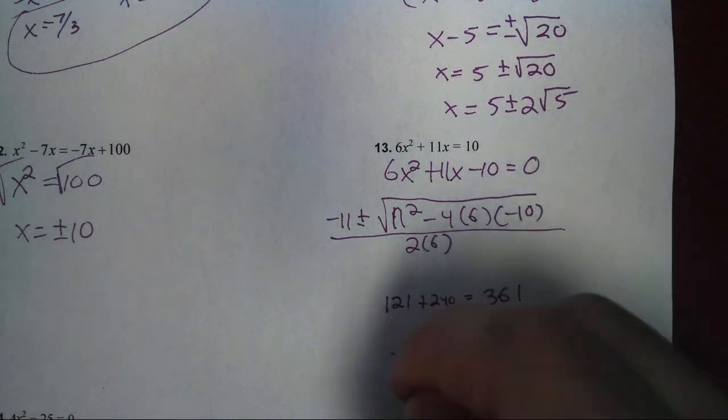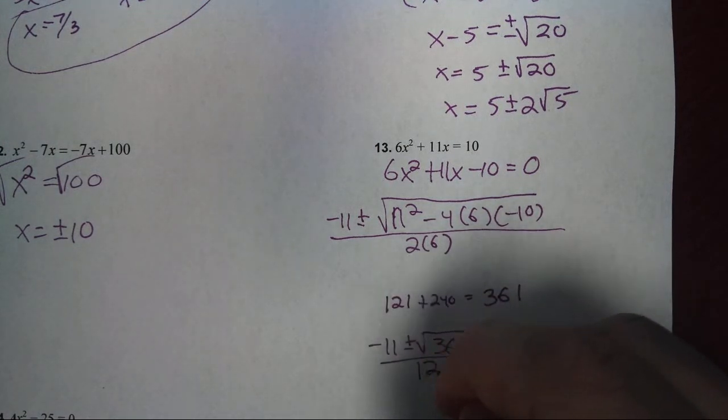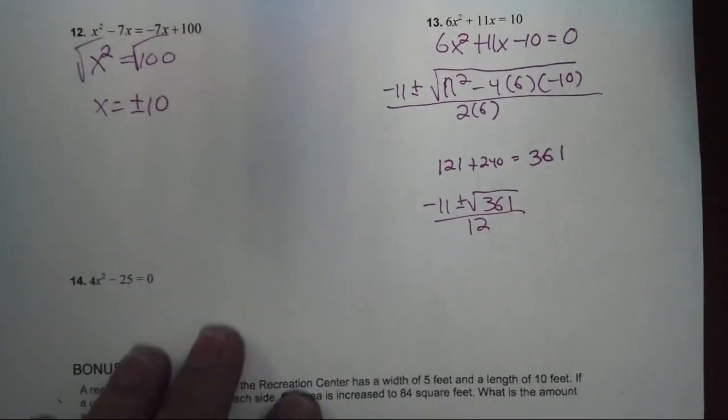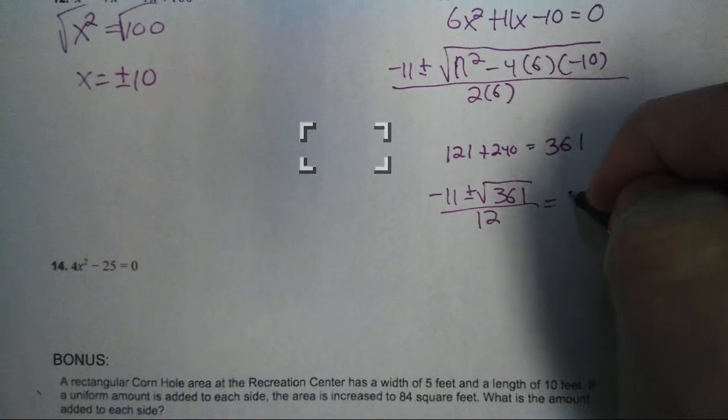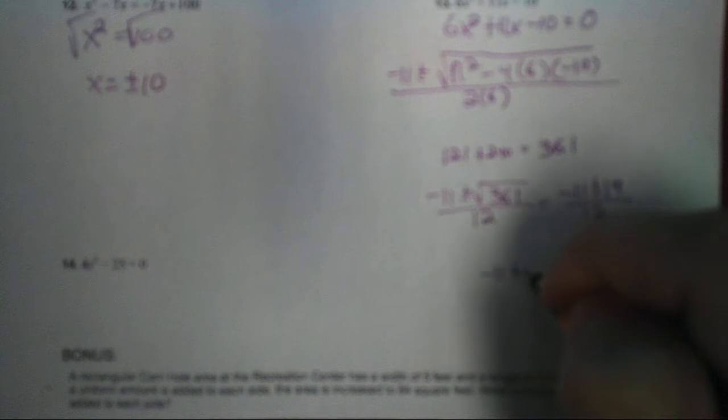So now we have negative 11 plus minus square root 361 all over 12. Which, if you got to that point, you got most of your points. However, square root of 361 is 19. So this is really negative 11 plus minus 19 over 12. So you have negative 11 plus 19 divided by 12, and negative 11 minus 19 divided by 12.